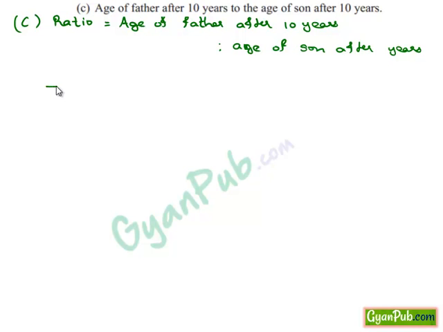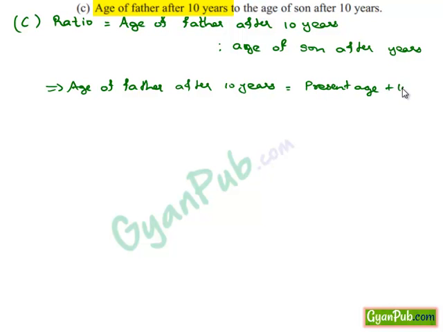This implies age of father after 10 years is nothing but the sum of present age and 10 years, which gives present age of father 42 years plus 10 years, which gives 52 years.